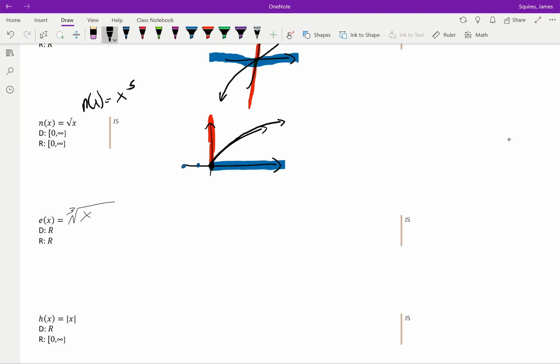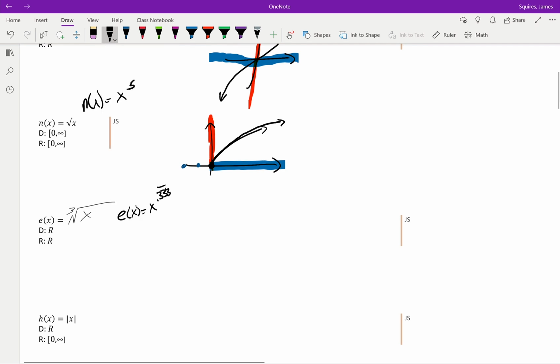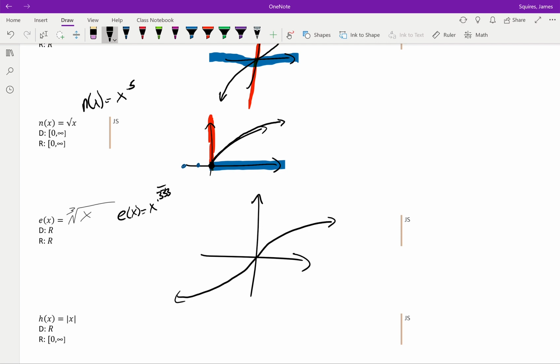Well, the cube root of x is the same thing as saying e of x equals x to the 0.333 repeating, 1/3. And this function looks a little bit like x cubed, but it's going to be on its side. It cuts through the origin.